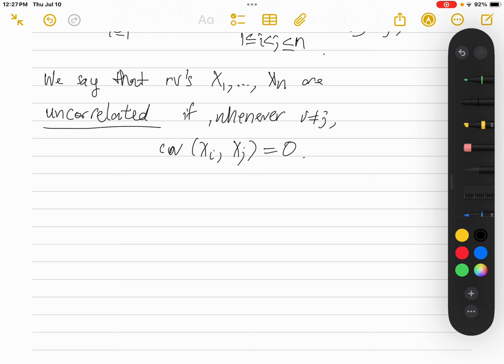And later we'll talk about the correlation of random variables and see that the uncorrelated random variables have covariance equal to 0.